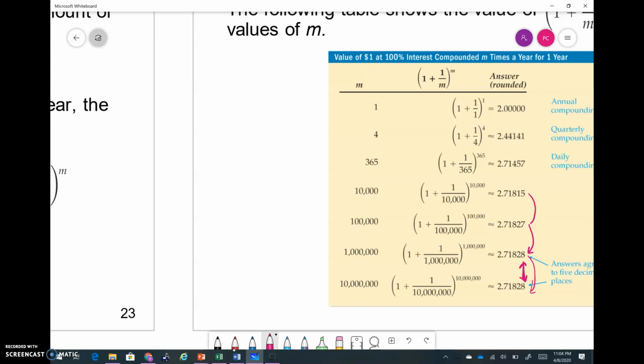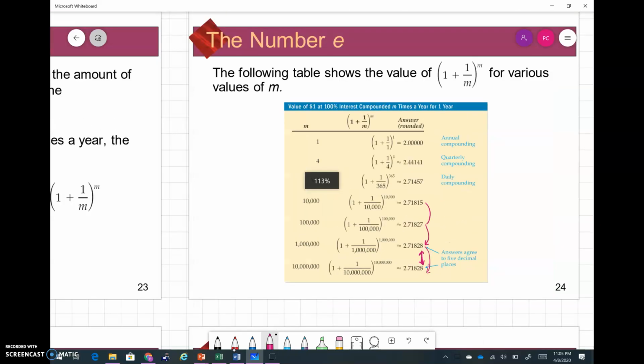So the more that we're compounding per year, if we get up to 1 million, at some point it's going to level out, and this one leveled out at 2.71828, or about $2.72. Okay? Well, what does that mean for us, and why do we care?